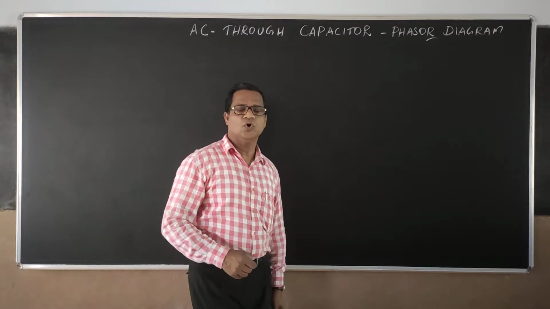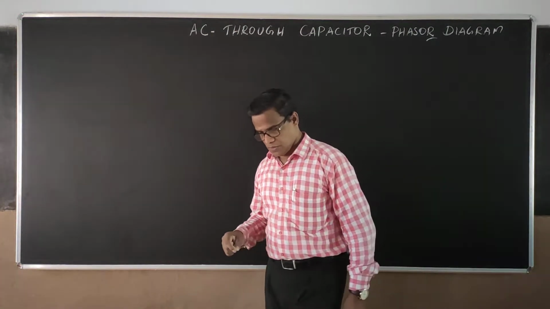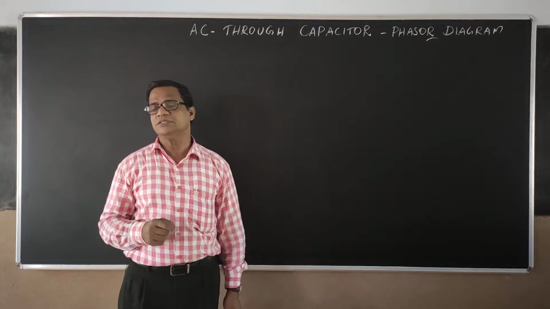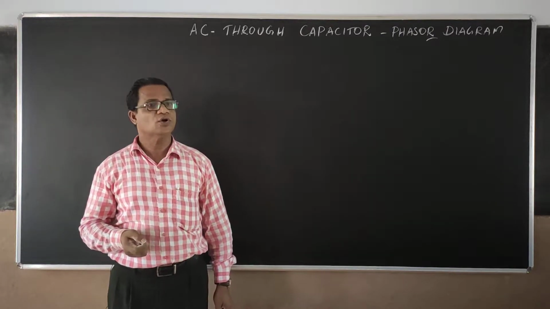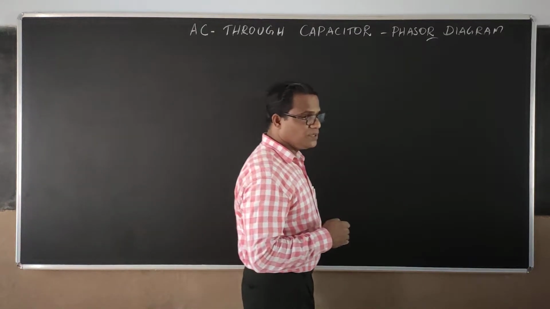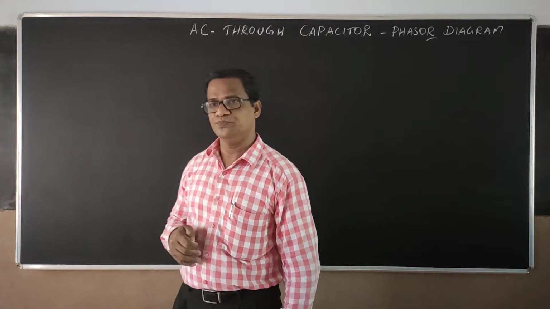Phasor diagram for AC through a capacitor. We have seen when an alternating voltage is connected across a capacitor, the current is found to be leading the voltage by a phase angle pi by 2.